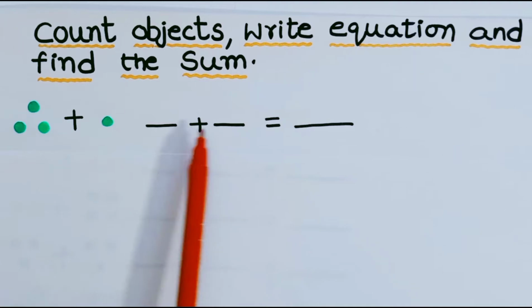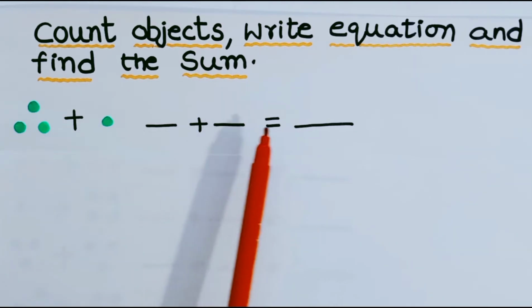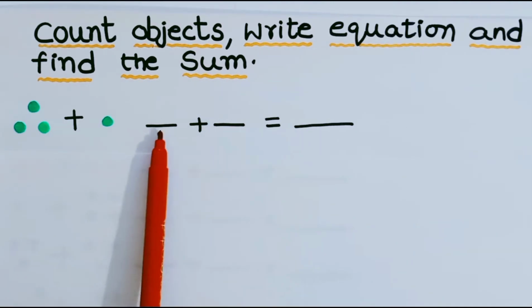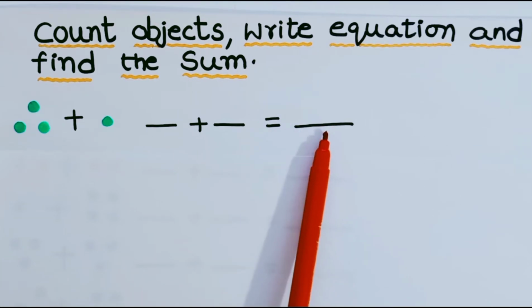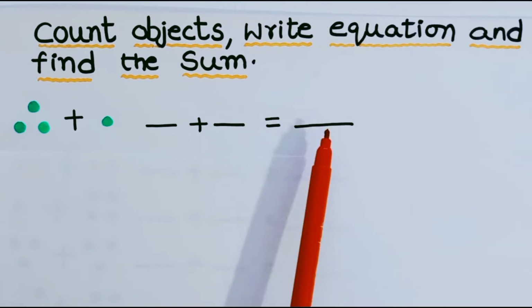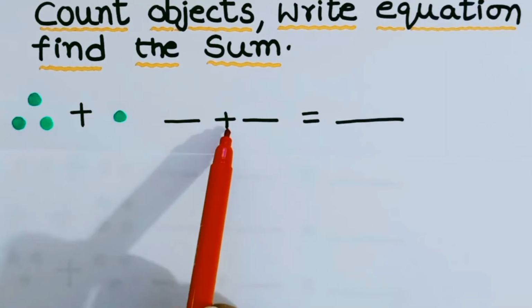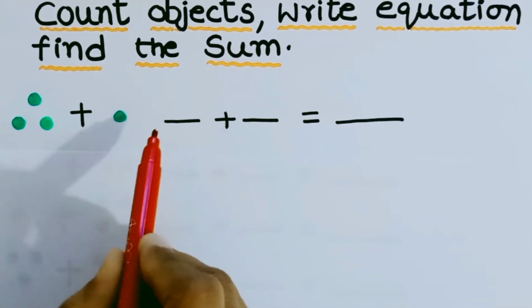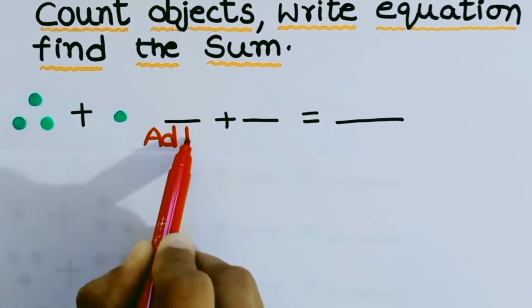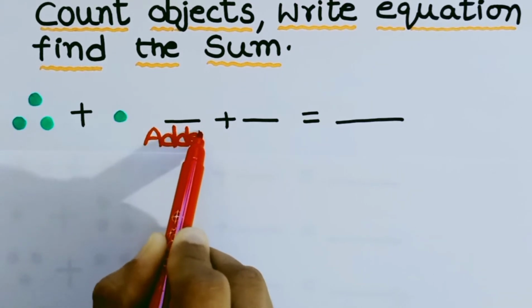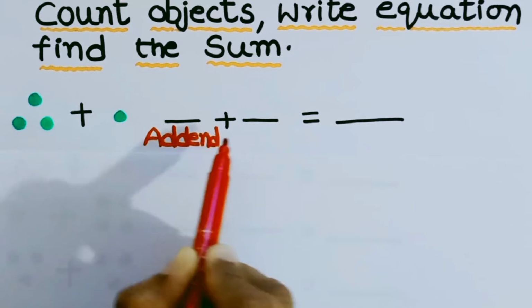In this space we have to write the number of objects, and the resultant of the addition of the two numbers will be written here. So what is this? It is a sum. On both sides of the symbol, we have to write the addends. Add, end, addend.